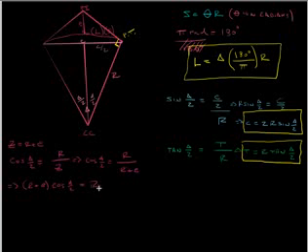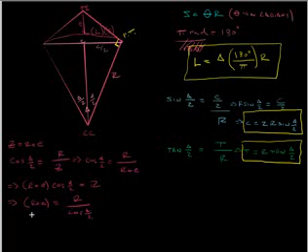So move the cosine over to the other side, which means R plus E is equal to R over the cosine of delta over 2.